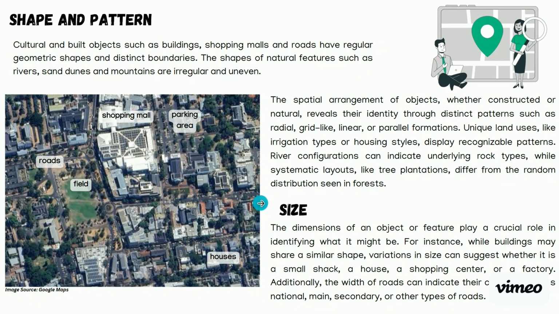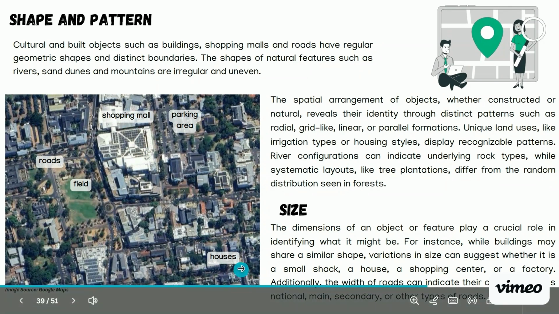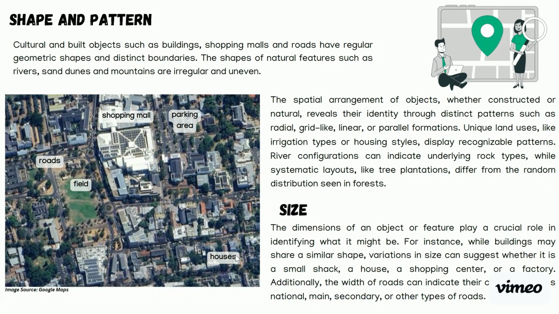Then the size, the dimensions of an object or feature also play a crucial role in identifying what it might be. So if you see the difference between a shopping mall and a house, you can clearly see that the house is definitely smaller in size, which indicates this is a house area or an area where there are houses.